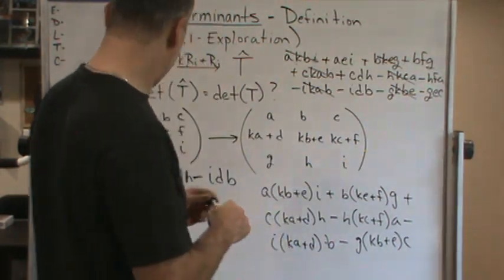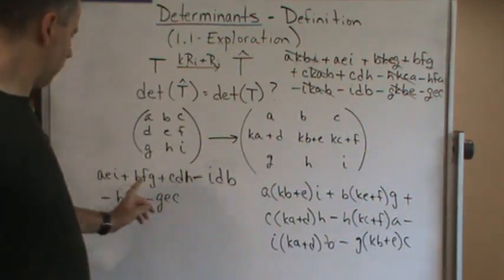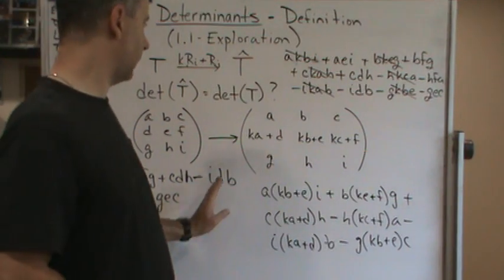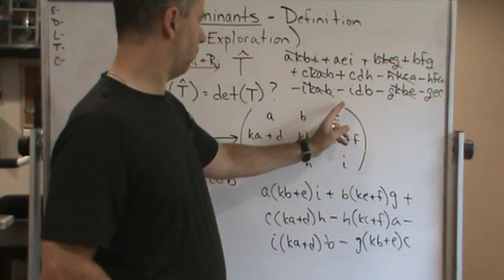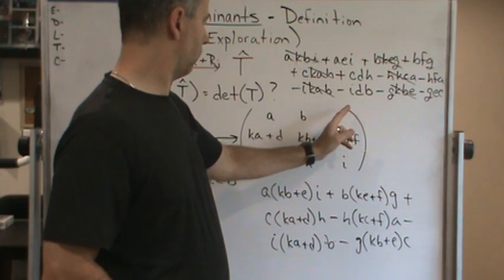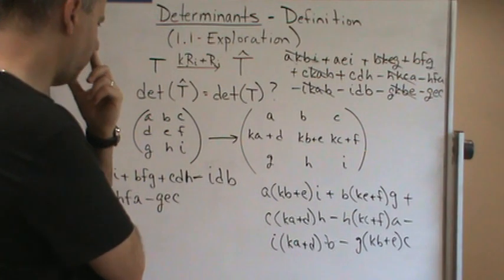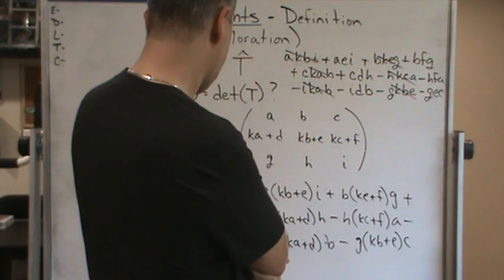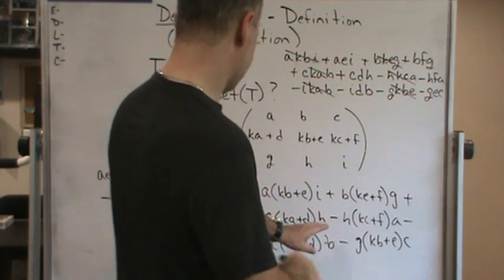So what are we left with? We're left with AEI, AEI, BFG, BFG, CDH, CDH minus IDH, wait a minute. Did I mess up again? Where? Oh, because that's right.